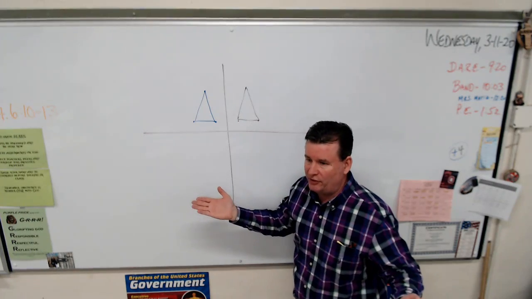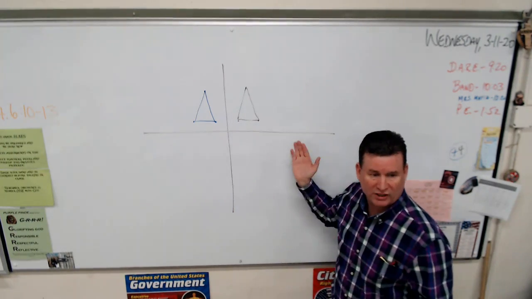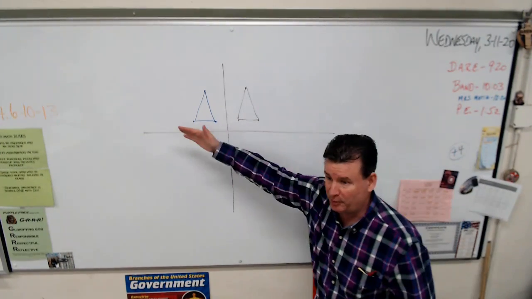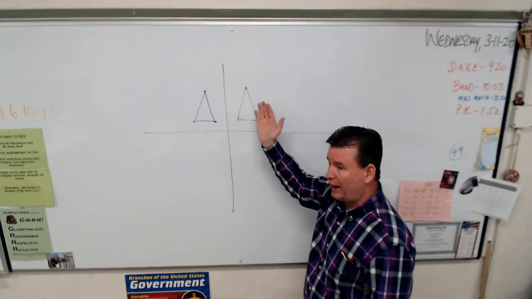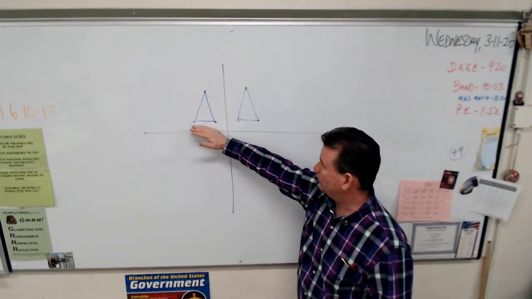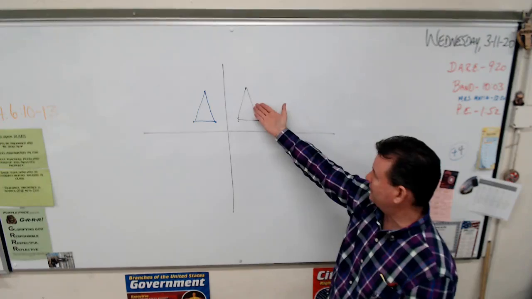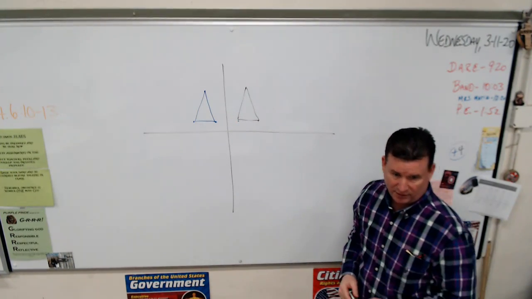So what's got to change? The x. If we're sliding horizontally, what has to change? The x, because that's the one we move horizontally. So to reflect over the y-axis, to stay going horizontal, we multiply the first coordinate by -1. And look, we got the same figure. It's just a reflection on the other side of the axis.